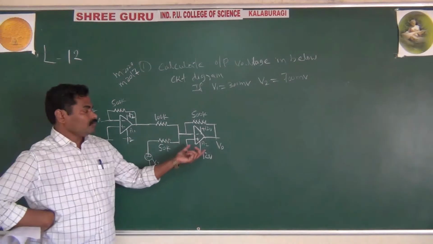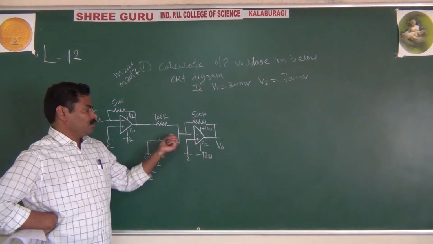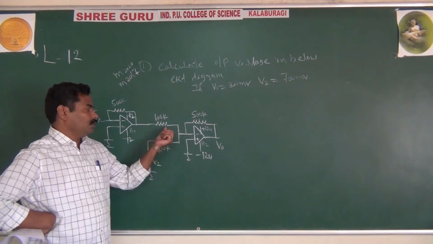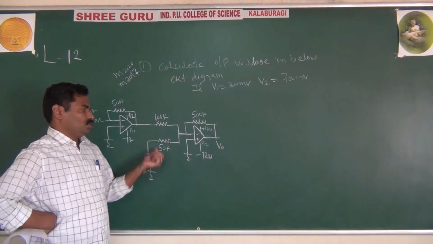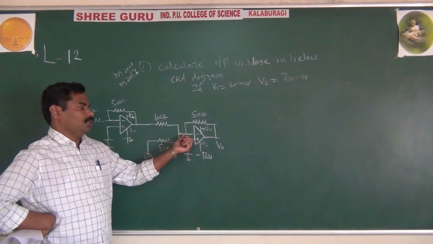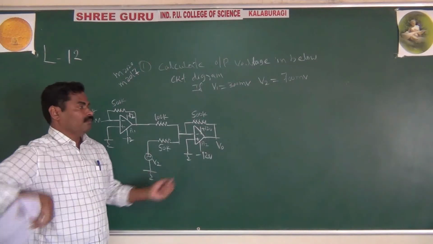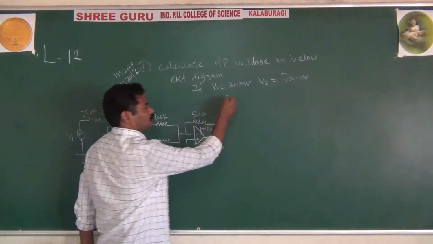By seeing A2, it is nothing but an adder, because you are applying two voltages to the inverting terminal, and the non-inverting terminal is grounded. It acts as an adder. We go for the solution.